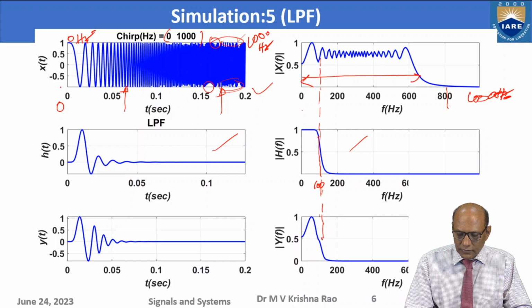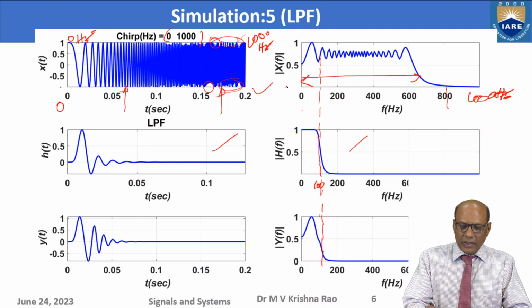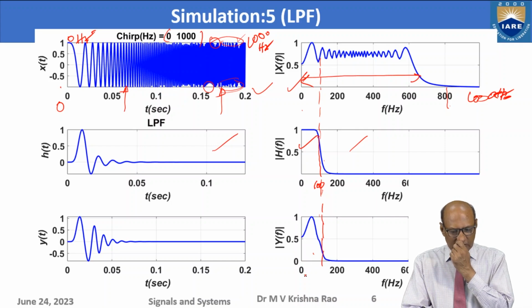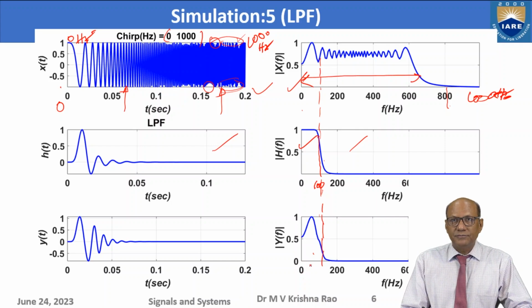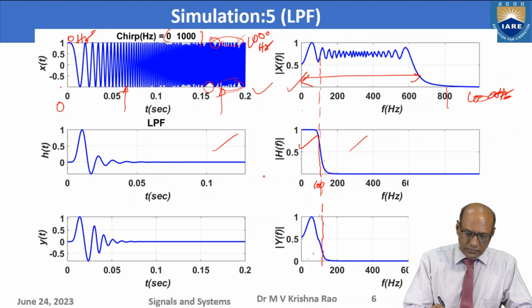When I multiply the first signal X(f) with H(f), the multiplication of the first one and second one is nothing but the third one, the magnitude spectrum of the output signal.